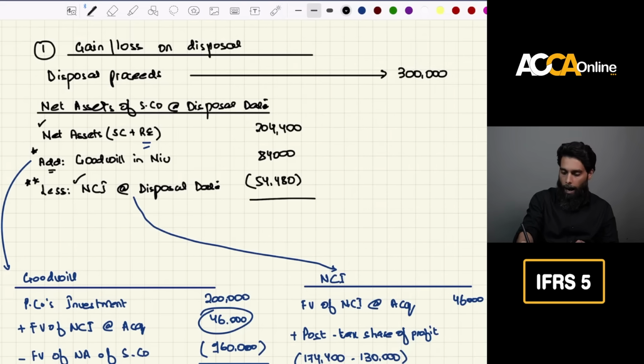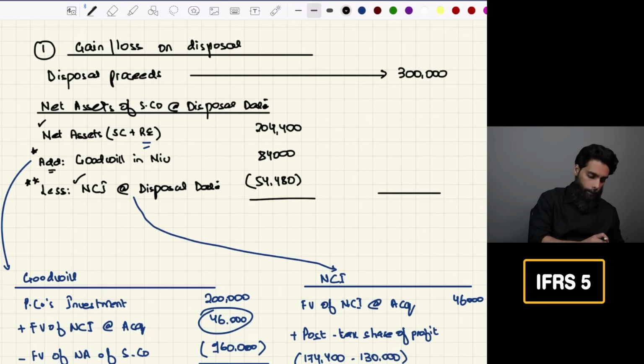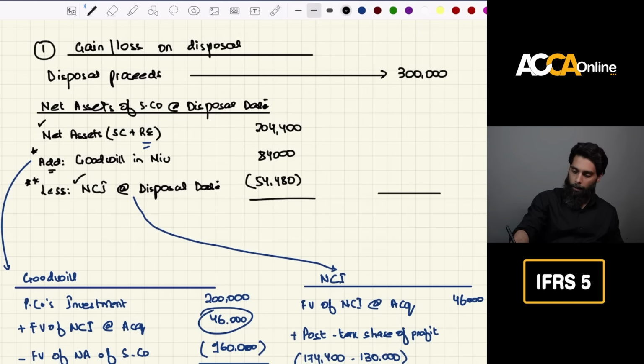54,480. And now you take the net of these, which will be 204,400 plus 84,000 minus 54,480. This is 233,920.